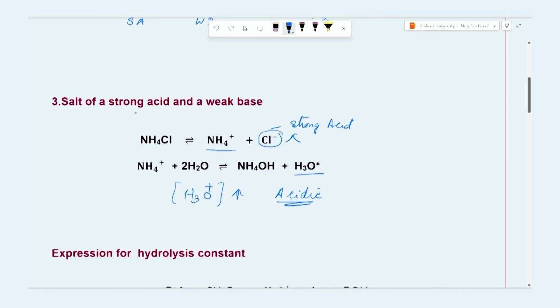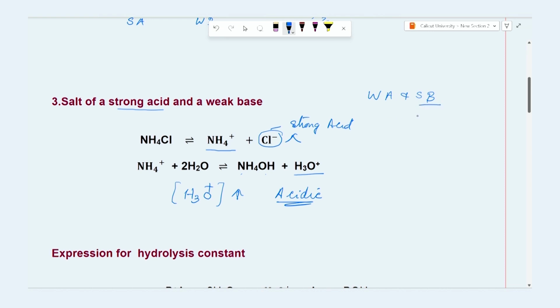To remember, it is very easy, you just look at the salt from which it has been formed. It is from a strong acid and a weak base, and therefore, the salt on hydrolysis will be acidic in nature. If it is from a weak acid and strong base, as we have seen in the last session, the salt formed will hydrolyze.